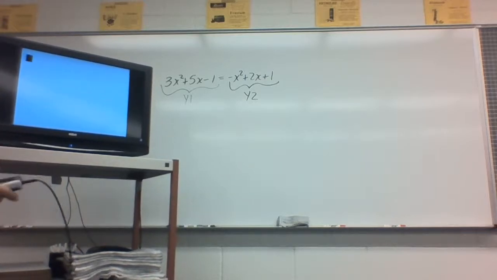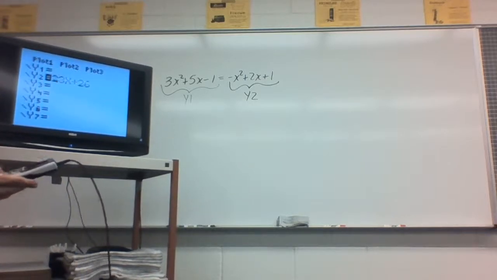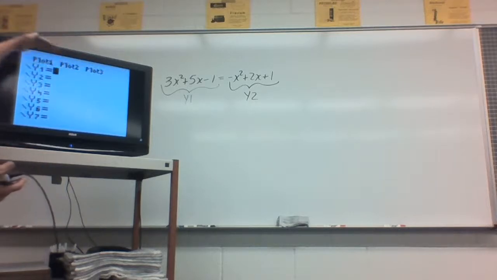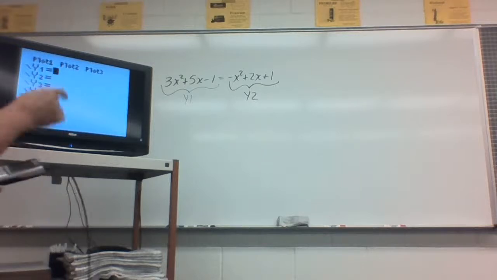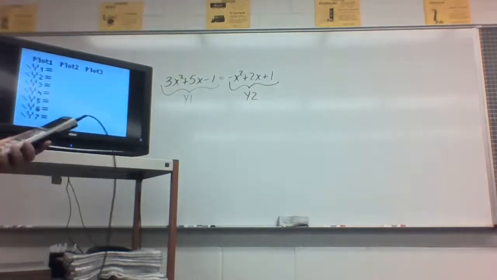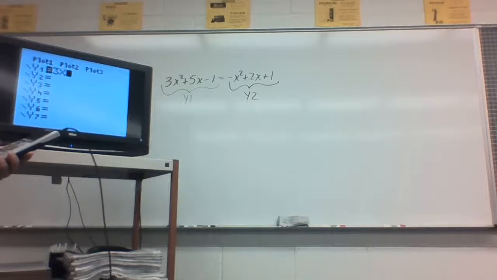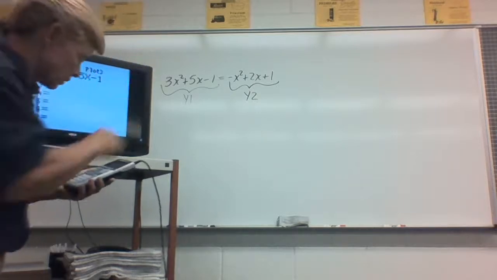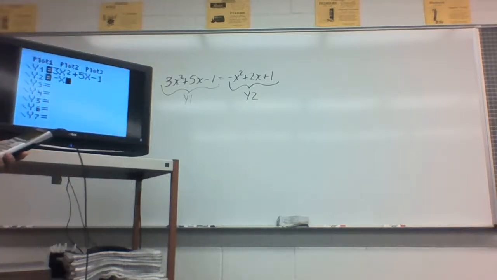Okay, so now we're going to go to y equals. If there's anything in there, clear it. If your plots are on, turn them off. So the plots are all off. These are all clean. Get that done first. Everybody there? Now we're going to put 3x squared plus 5x minus 1. And then in the y2, we're going to put the other side, which is negative x squared plus 2x plus 1.